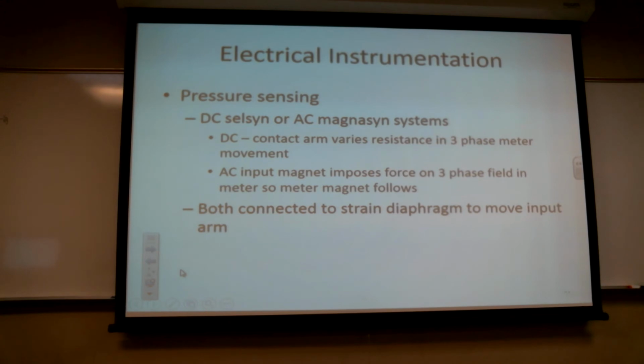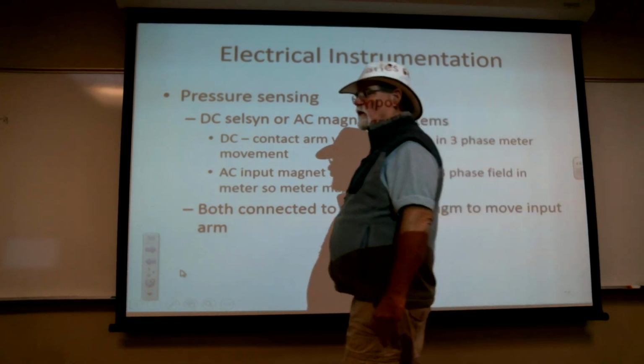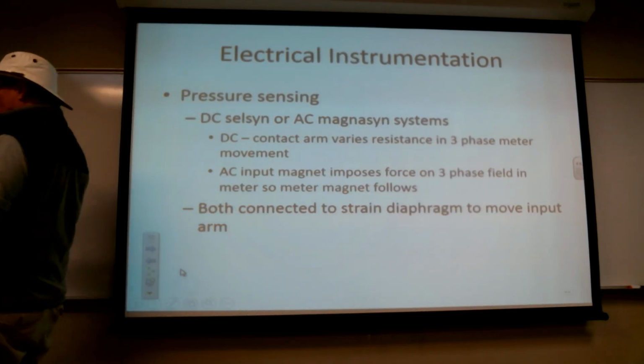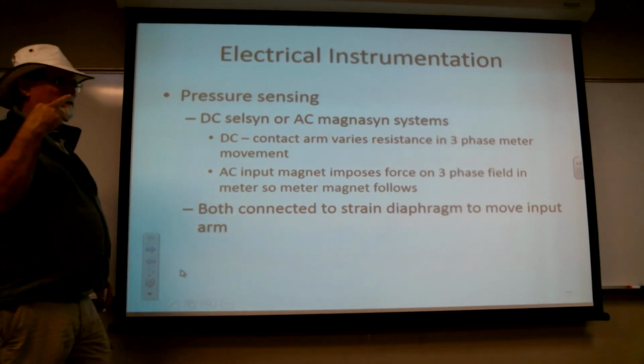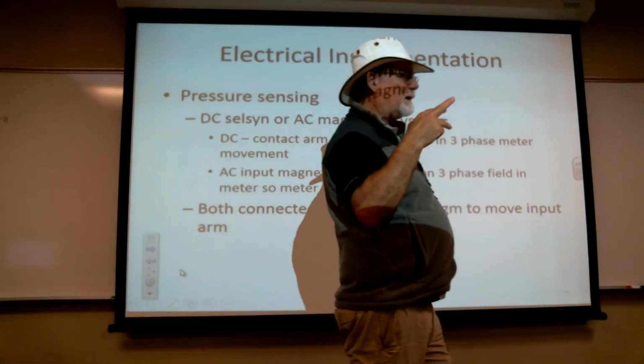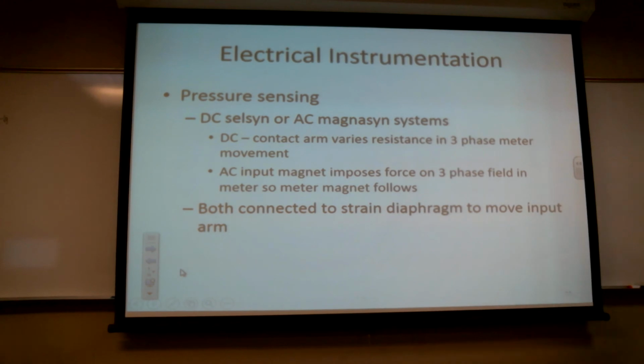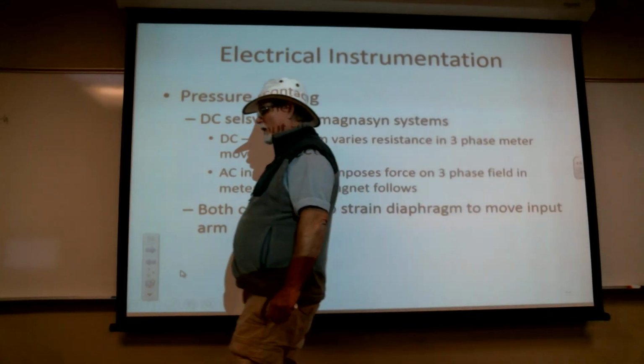So as physical load gets put on whatever the contact arm is, that's going to cause the three wires in the unit to distort, where instead of having three balanced fields of current, one of them is going to be less and the other two will start to gain proportionally. You can then use that to drive a d'Arsonval movement. So that's a whole other way of measuring pressure. Not used, it's kind of complex.